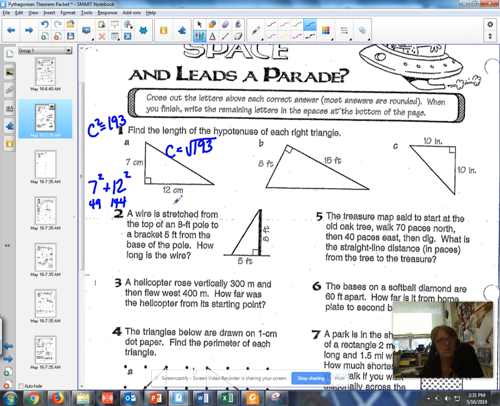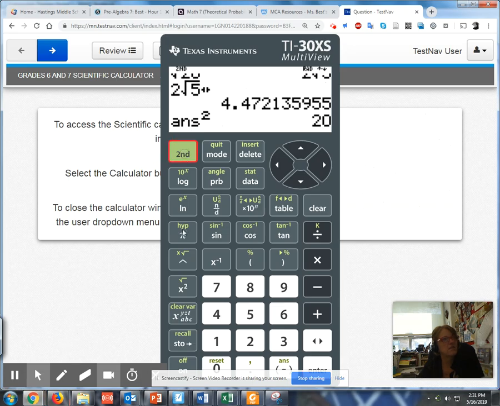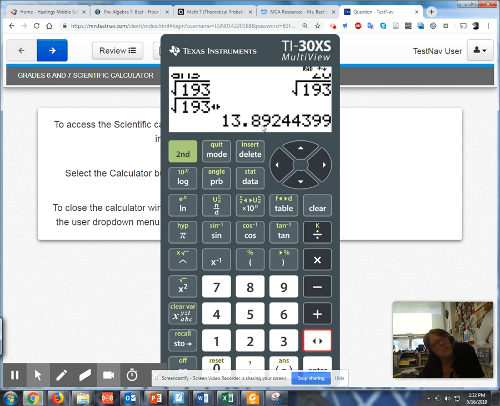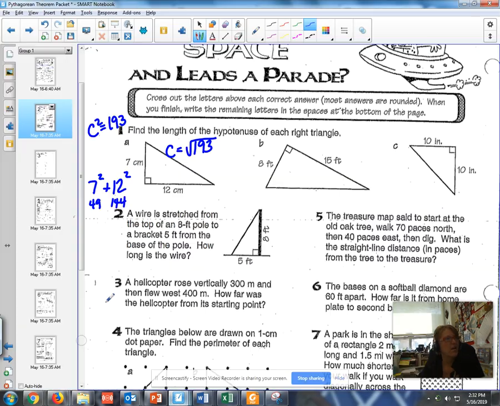Do that on your calculator. The square root of 193 is 13 point, let's round to the tenths, 13.9. Okay, here we go. 13.9 approximately. We had to round that. This is centimeters.